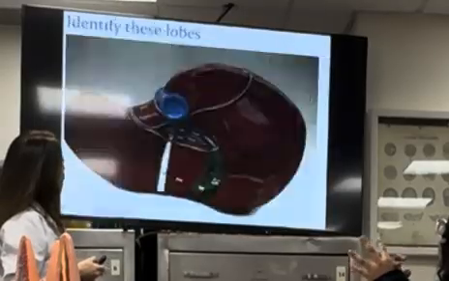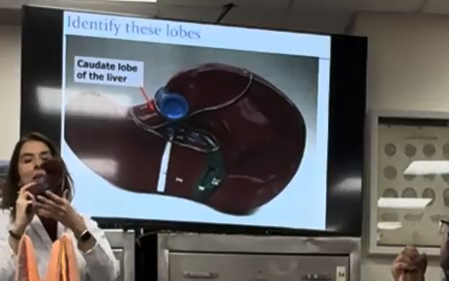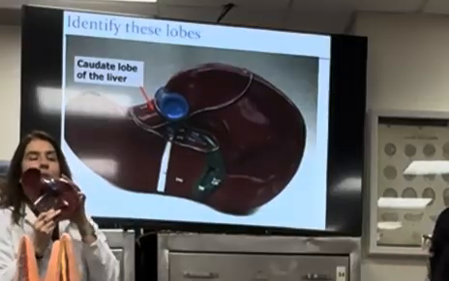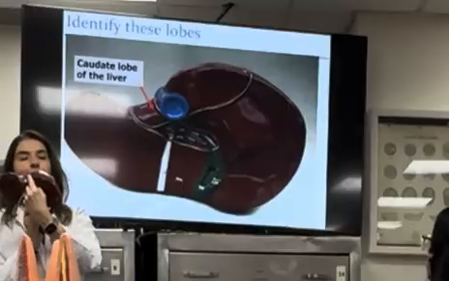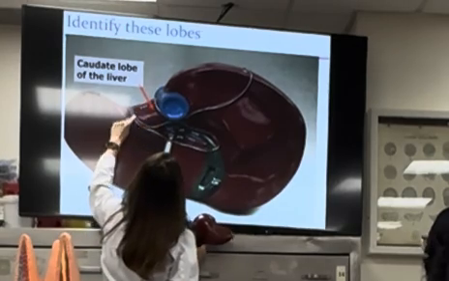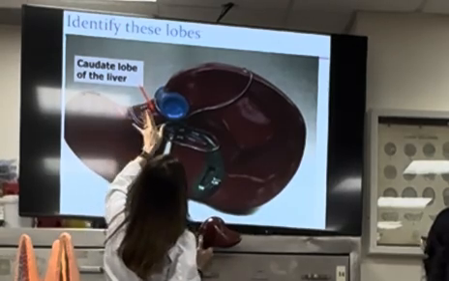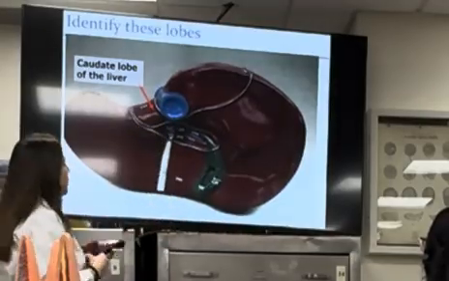Alright. This is the inferior view, like if we're looking at this model from below. Remember that this is the inferior vena cava, this blue structure. The lobe that is next to the inferior vena cava is called the caudate lobe of the liver.